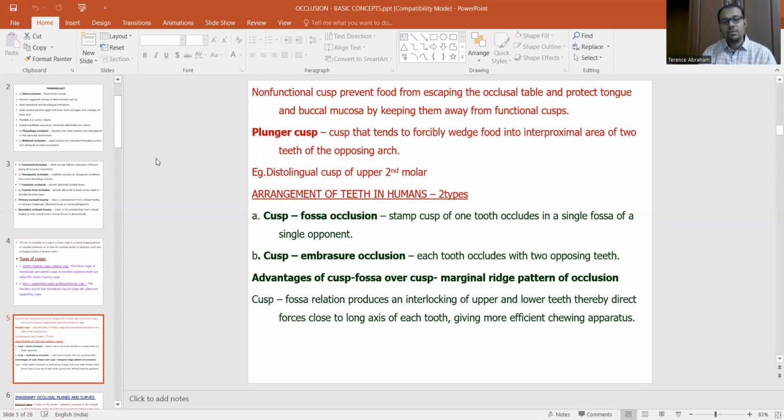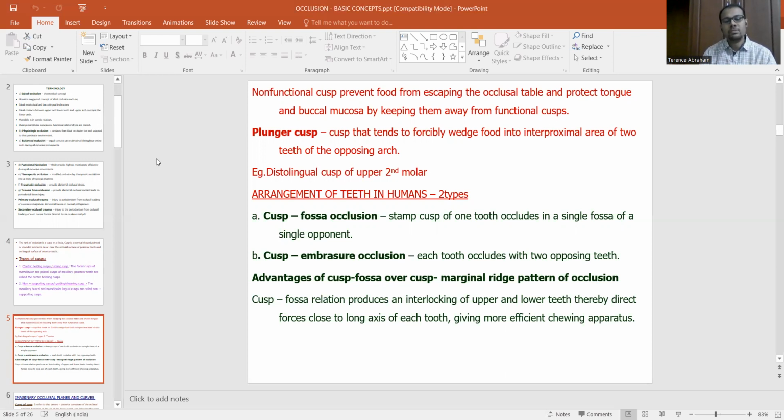Coming to the arrangement of teeth in humans, there are mainly two types of arrangement. One is cusp to fossa occlusion and the other is cusp embrasure occlusion. Cusp fossa occlusion means the stamp cusp of one tooth occludes in a single fossa of the opposing tooth.